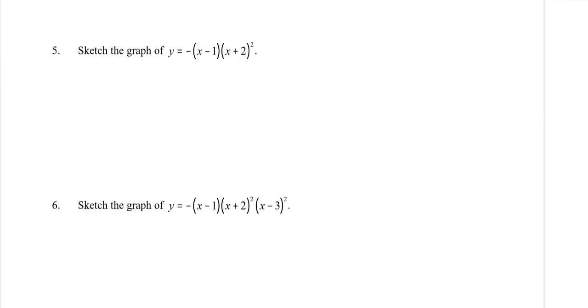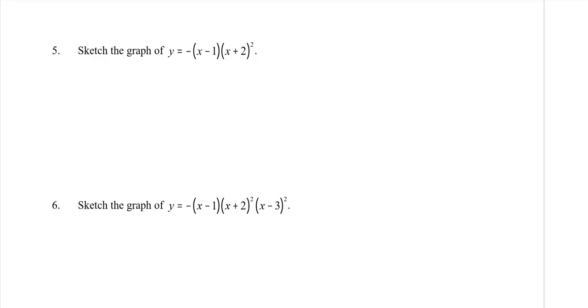Question 5, because this one has same but extra little thing in it, that lovely little power of 2 on it. This is still a cubic because this being squared means I have an x squared here times another one there, that's still an x to the power of 3 in that.